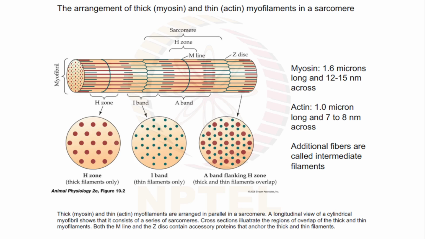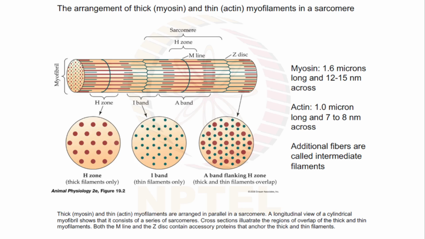And one more thing here is that all these actin and myosin fibers are arranged in a proper arrangement inside this myofibril. It's not like they are just lying haphazardly. They are arranged in a proper way at a proper distance from each other. This arrangement is very important for a skeletal muscle to function properly.